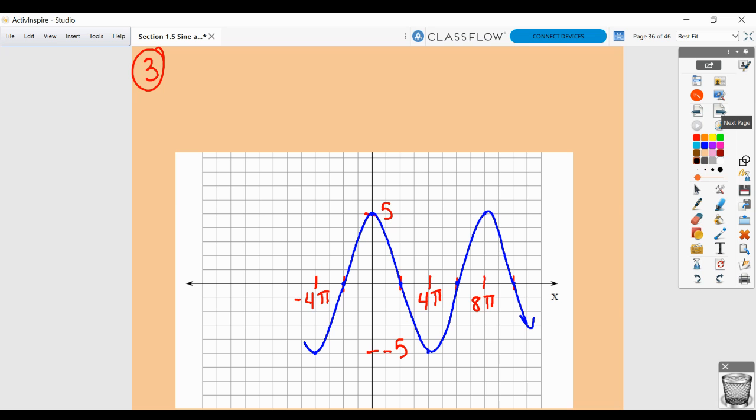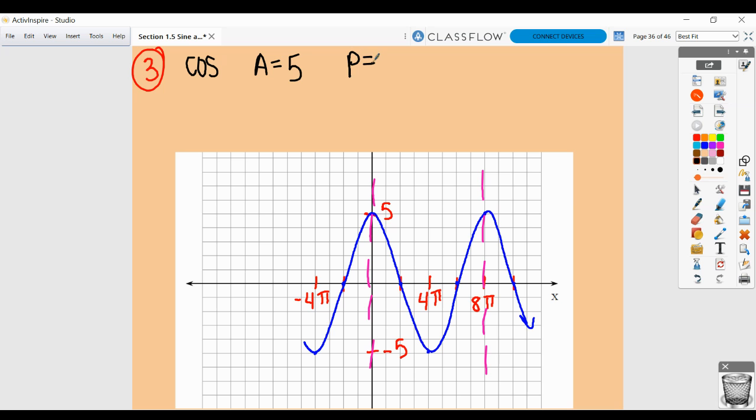Okay, next one. Start at the y-axis. Go until it repeats. So that looks like cosine, because it is the u. The amplitude looks like it goes up 5 and down 5. Okay, and then we have to find the b.